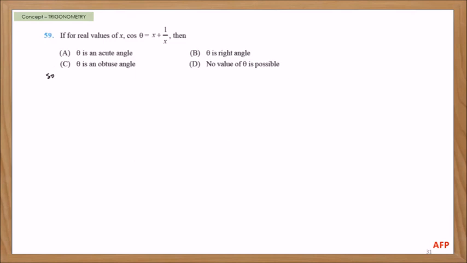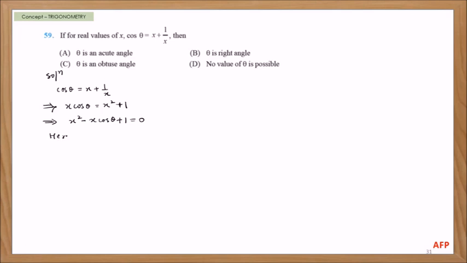So a very simple answer which we are having here. Next, cos theta is equal to x plus 1 by x. Okay, this implies, if I take the LCM, x cos theta is x square plus 1. Okay, so this implies x square minus x cos theta plus 1 is equal to 0.